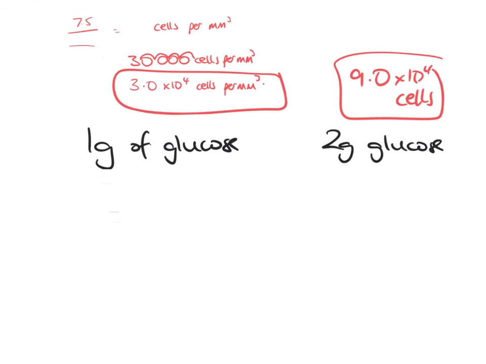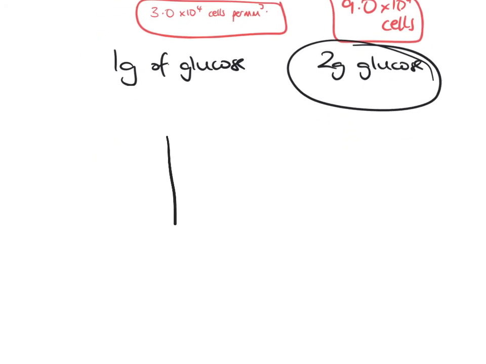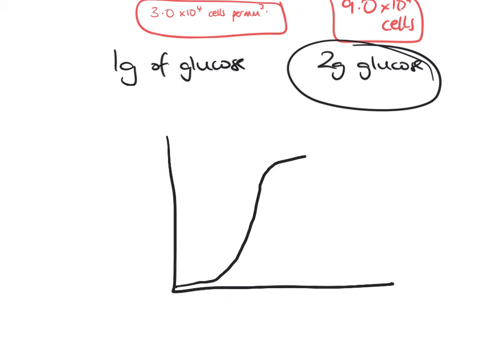Why have we got more cells in flask 2? Well, obviously that's because there's more food. Now you want to link that to the population growth curve. So initially, when I put the initial sample of yeast cells there, we would have had a small number, and after a few hours we would have started to get this exponential growth and then level off.